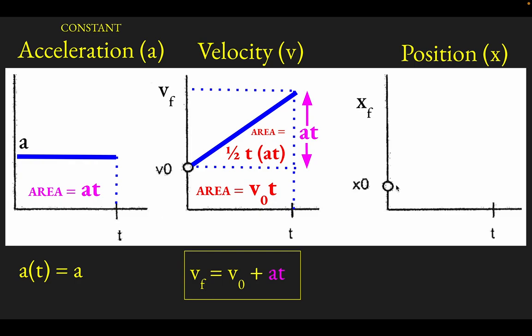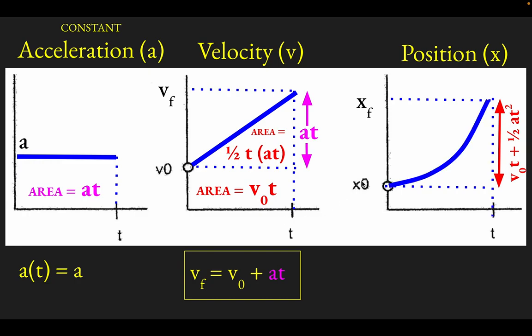So we start at position x initial, and at the end of the time interval, we tack on top of that this total area that was under the velocity time graph. So we tack on v initial t plus 1/2 at squared, and so get to the final position, xf.